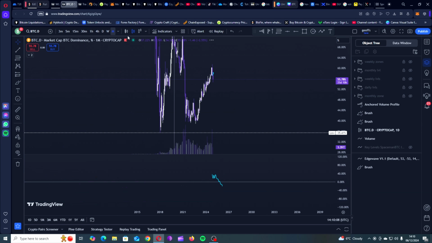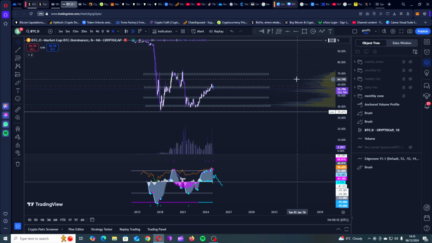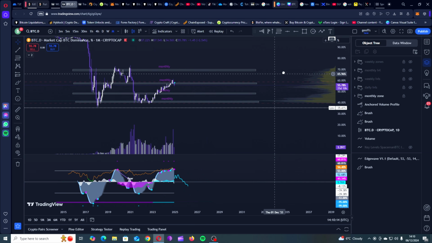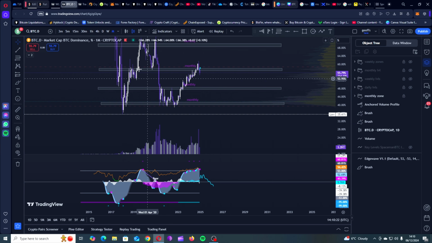I'm going to go into the monthly. So this is another monthly zone, what we're in right now. We are rejecting away from it, but we could do something similar to what we did here in this area. Possibly, that's what we could be doing.